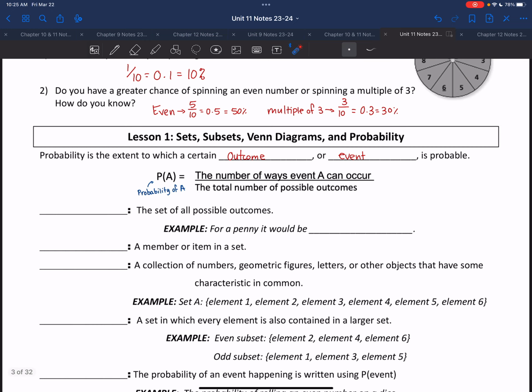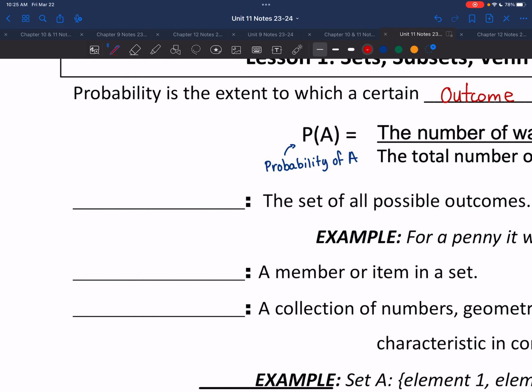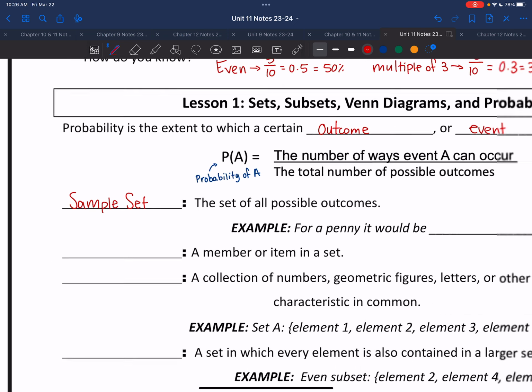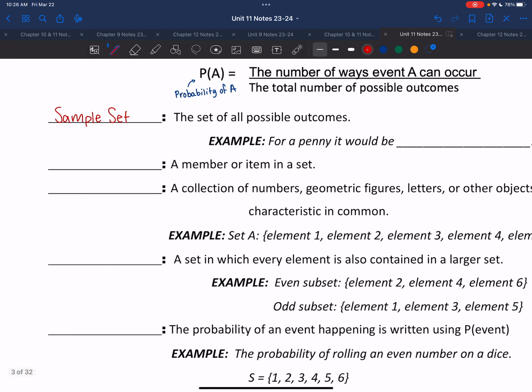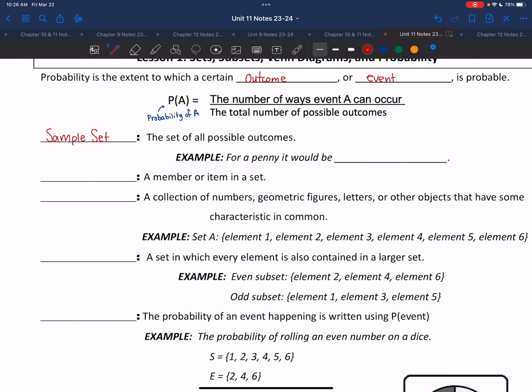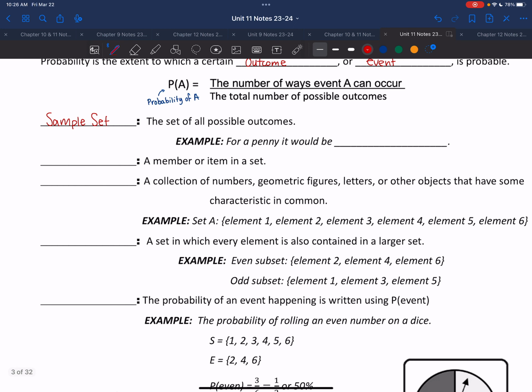Okay. Just a couple of quick definitions here. The set of all possible outcomes is going to be your sample set. So for example, if you had the sample set for rolling a die, right? The possibilities are 1, 2, 3, 4, 5, or 6, all right? So that would be your sample set.